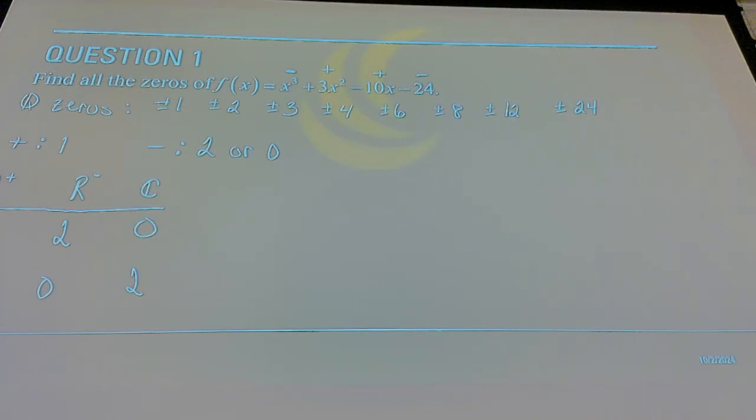So here's how I'm going to set it up. Coefficients for f of x.